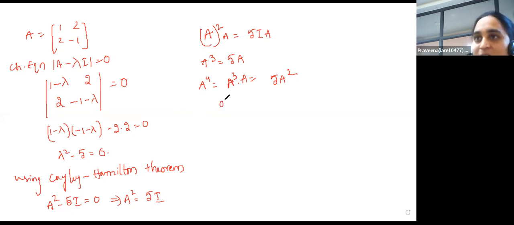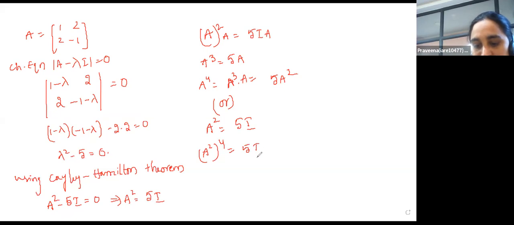Or else, directly write down by the Cayley-Hamilton theorem: A square is equal to 5I. Then A square is equal to 5I, right? Take the power as 4 on both sides. That is 5. Okay, there is confusion. A square is equal to 5I.